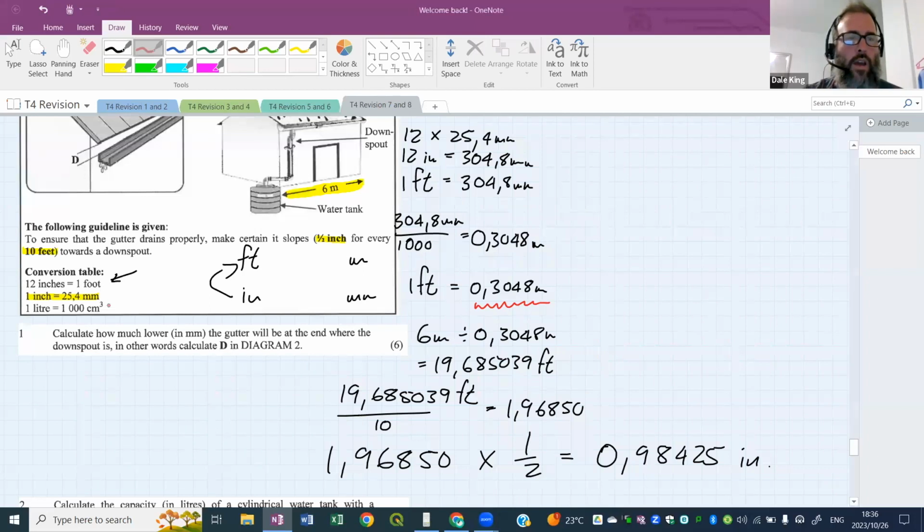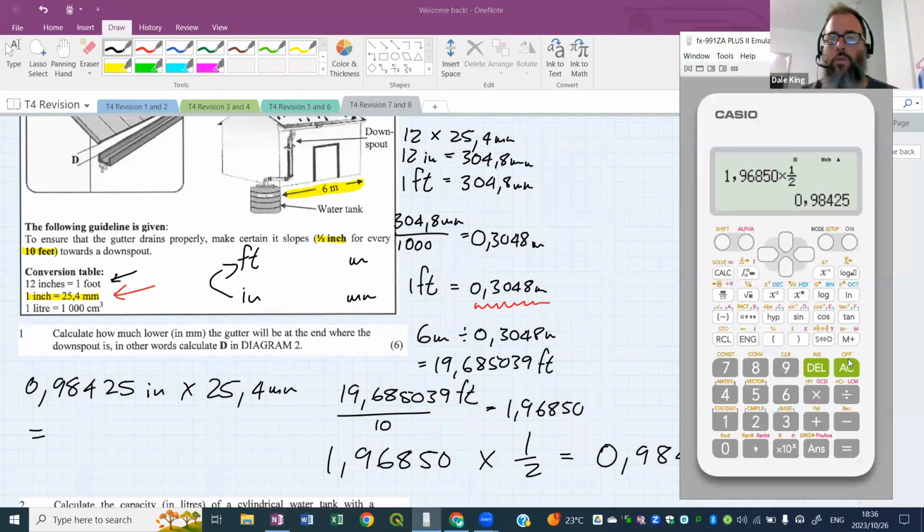And I just so happen to have an inches to millimeter conversion. 1 inch is 25.4 millimeters. I don't have 1 inch. I've got close to 1 inch. So I'm just going to say on the left-hand side here, I've got this many inches, 0.98425 times 25.4.